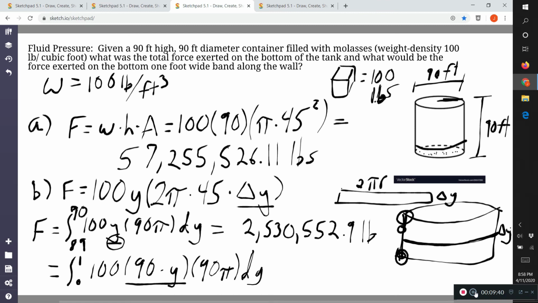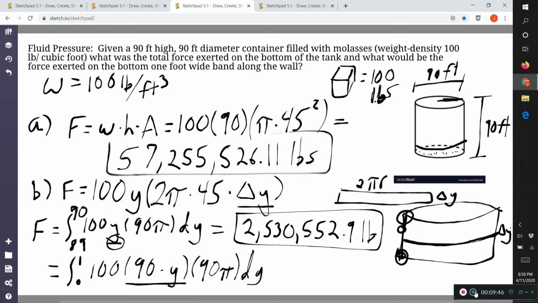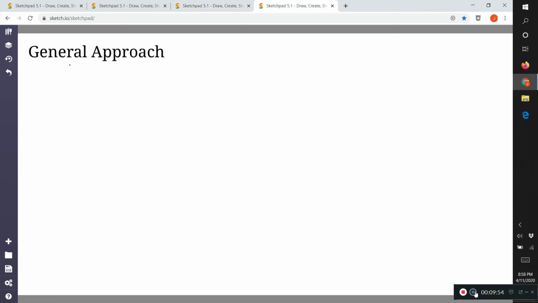So on these problems, we are typically going to be working with cylindrical tanks. If it was not cylindrical, we would just need to adjust our area formulas. I think one of the problems in the book, and we're going to go to a general approach section here, is going to be a rectangular prism, so something that would look like this.